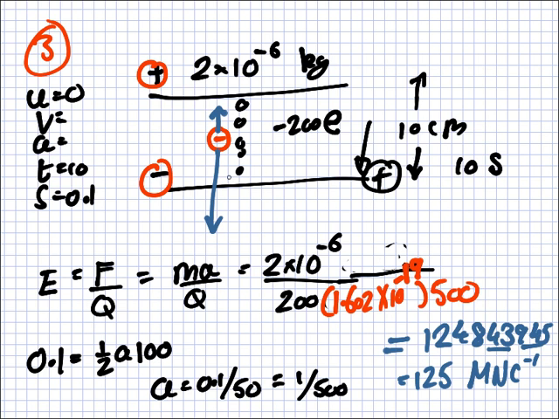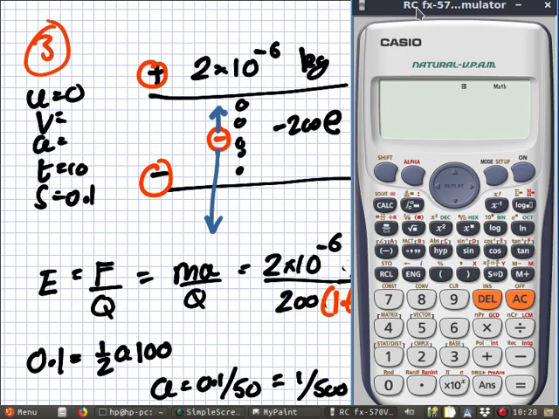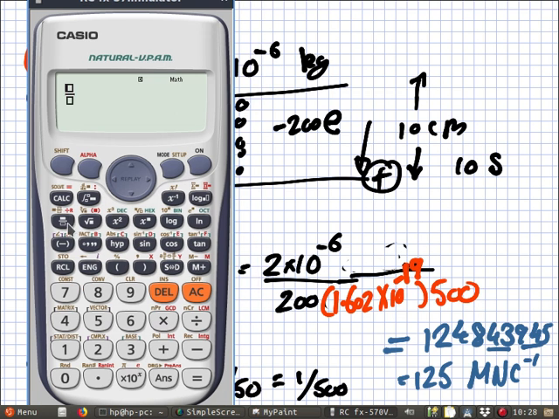Come on. So slow. There we go. Alright, let's see who is right. 2 times 10 to the power of 6, 200 times 1.602 times 10 to the power of minus 19 times 500, and the winner is... Not me! Let's try that again.